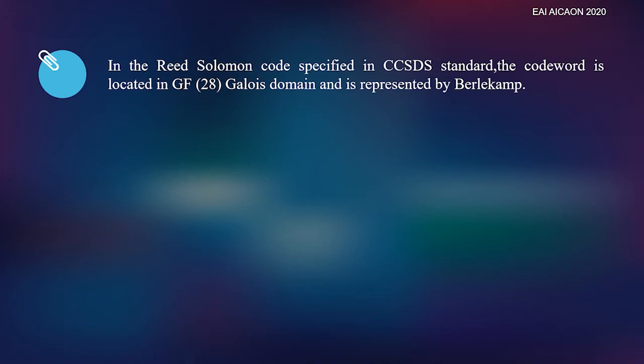In the Reed-Solomon code specified in the CCSDS standard, the code is located in Galois field GF(2^8) and is represented by Berlekamp.